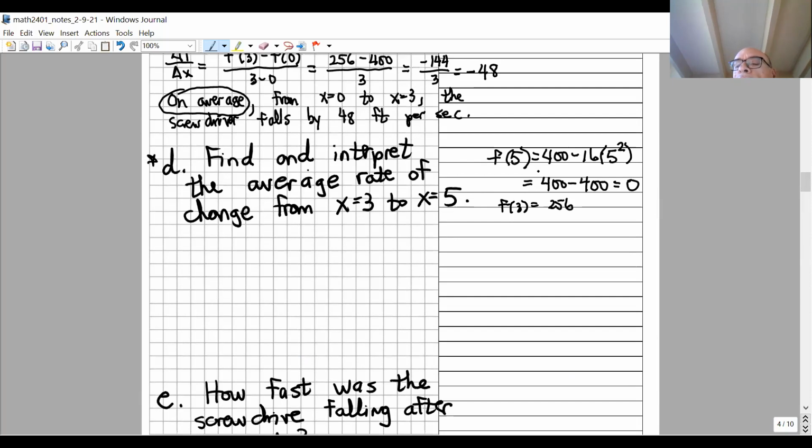And here I calculated f of 5 for you. It turns out to be 0. So calculate the average rate of change from x equals 3 to x equals 5. Just take a minute to do that. All the values you need are here.